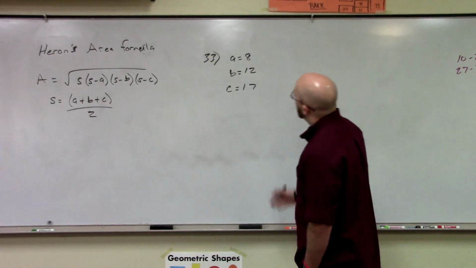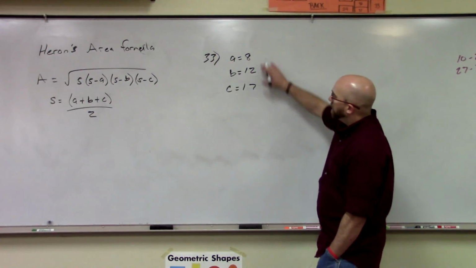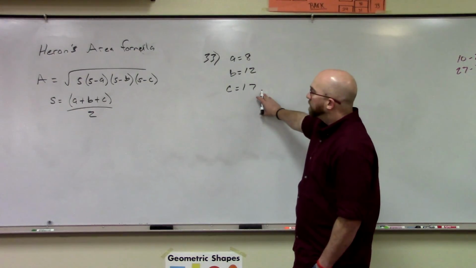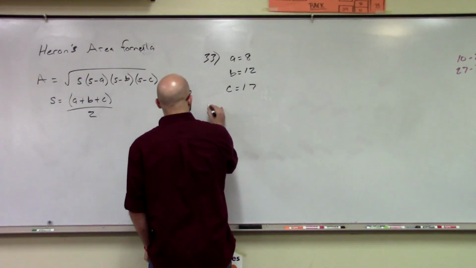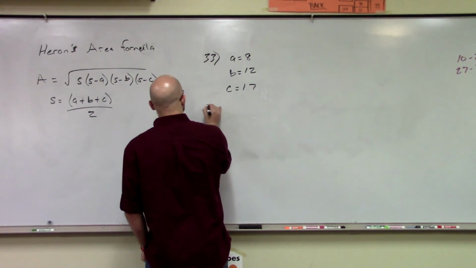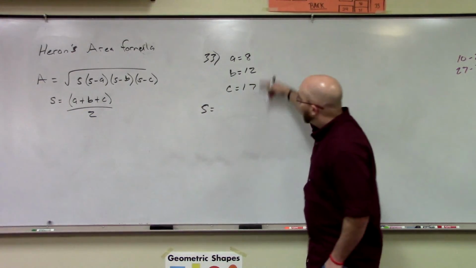So, I'm going to do number 33. It's in our book. So we have 8, 12, and 17. First thing I do, find s. All right. So s, I'm sorry, my s's look like 5s. You can tell there's no 5s in this answer.